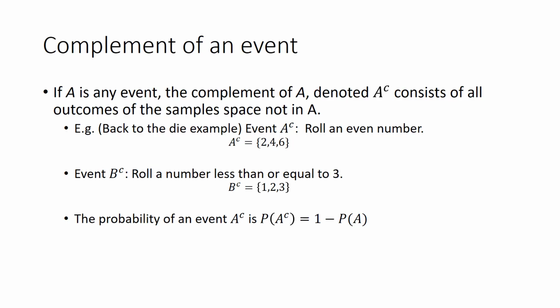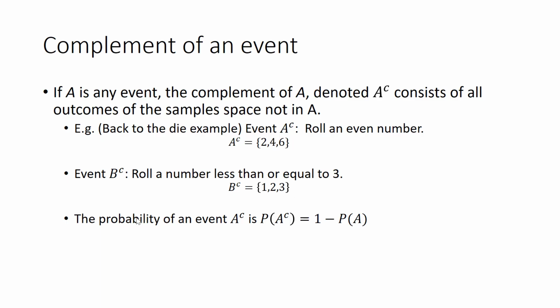If we have an event A, then we define the complement of A to be another event that consists of all the outcomes that belong to the sample space, but are not part of A. So remember that A is to roll an odd number, then the A complement is going to be roll an even number, because A consists of 1, 3, and 5, and the A complement is going to be 2, 4, and 6, because 2, 4, and 6 are in the sample space, but they are not in A, so they should be in the complement of A. And the complement of B is going to be roll a number less than or equal to 3, so 1, 2, and 3.